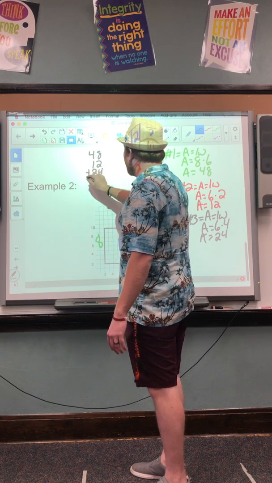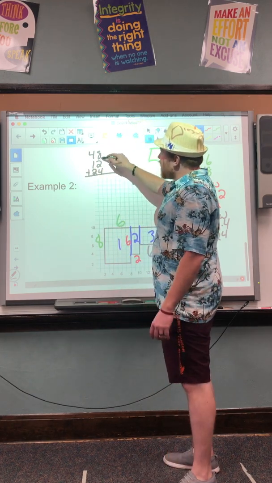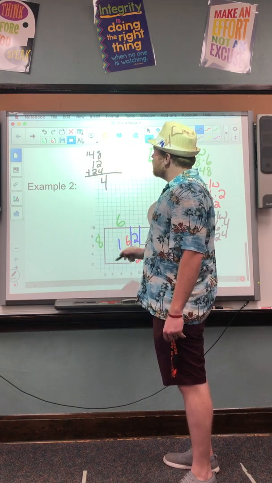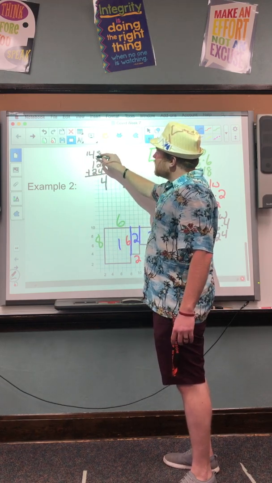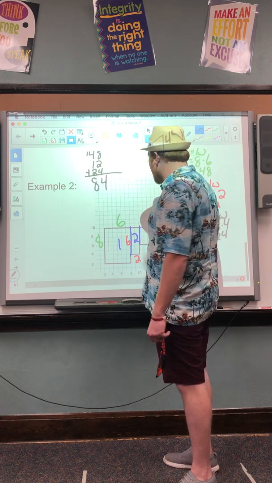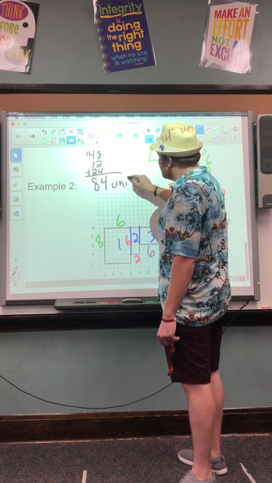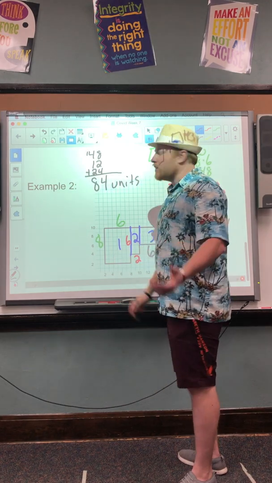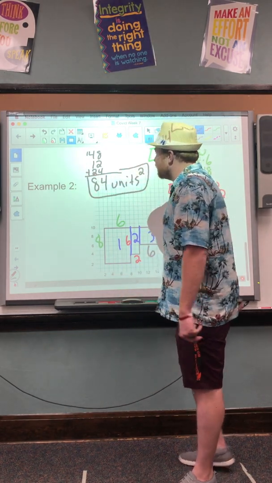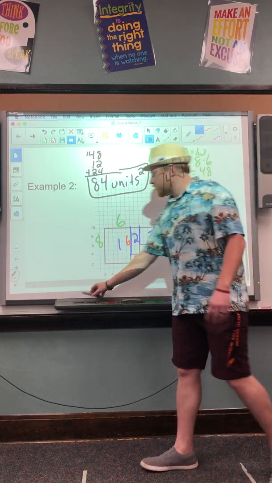So you add them all together. You would get 8 plus 2 is 10, plus 4 is 14. 4 plus 1 is 5, plus 1 is 6, plus 2 is 8. So you had 84 units, because we don't know if it's centimeters, inches, whatever it is, squared. Area is always squared. And then that would be your answer.